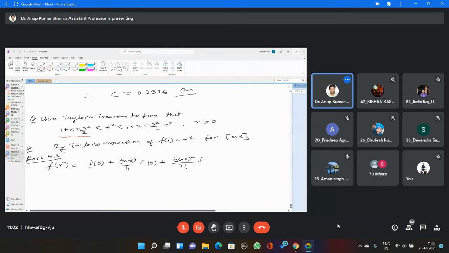And this is f double dash theta, where theta lies between 0 and x, and x is greater than 0. Okay, x minus 0 whole square f double dash of theta is greater than 0.